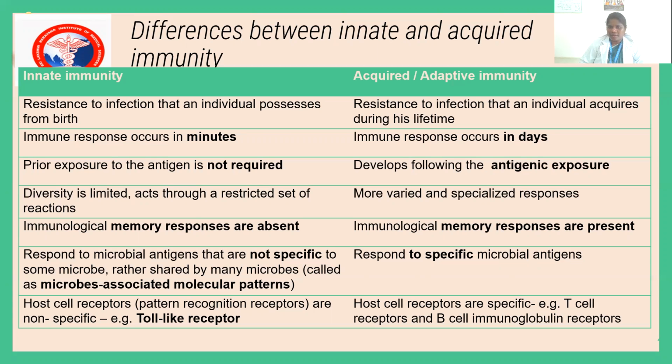Coming to acquired immunity, it occurs during the course of life. The immune response takes some time and needs prior antigenic exposure, and because of that, it has memory. So if it is encountered a second time, it is able to recognize and defend immediately. It has a T cell receptor and B cell receptor.